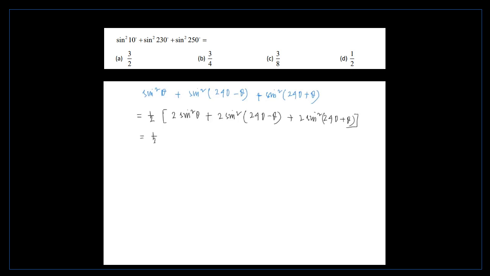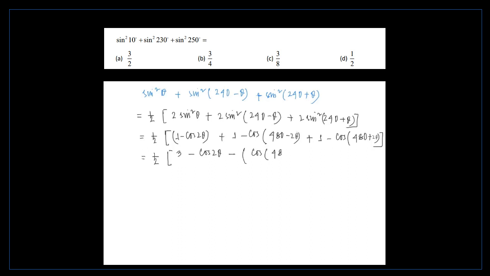Now here it is half of 1 minus cos 2 theta, 1 minus cos 2 into 240, that is 480 minus theta, 1 minus cos 480 plus theta. From here this is half of 3 minus cos 2 theta minus, if we take common, cos 480 plus theta plus cos 480 minus theta.